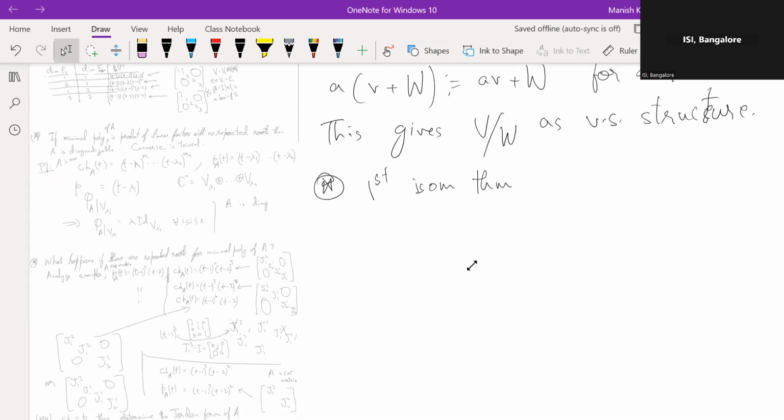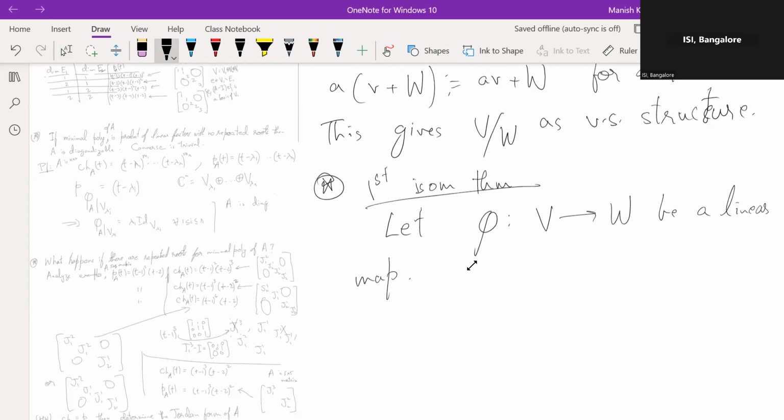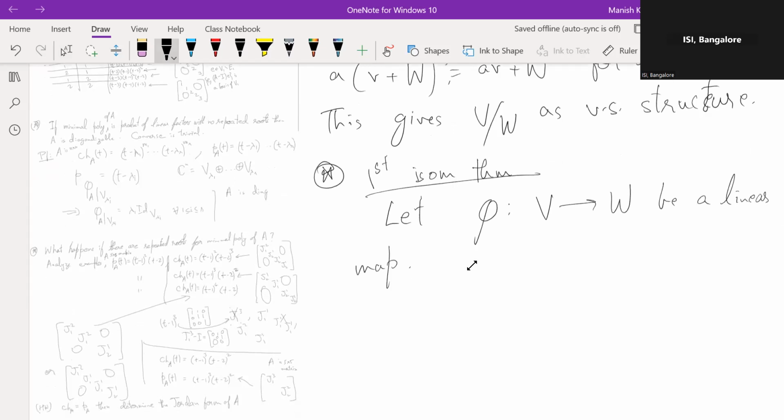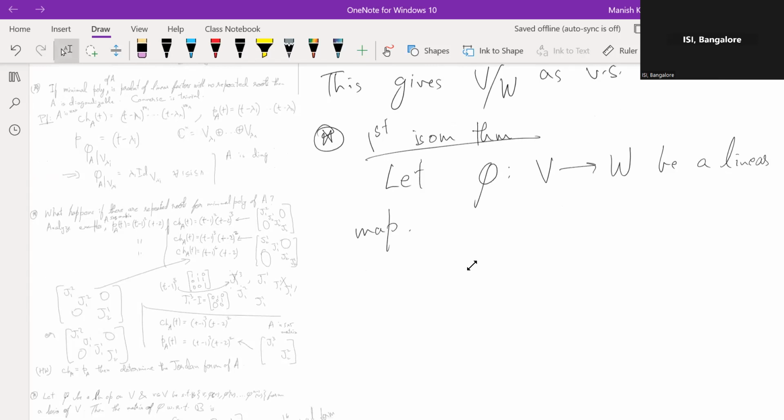Yeah. So let phi from V to W be a linear map. Then what the isomorphism theorem tells you is that you can get an isomorphism induced from this phi on some certain other spaces.